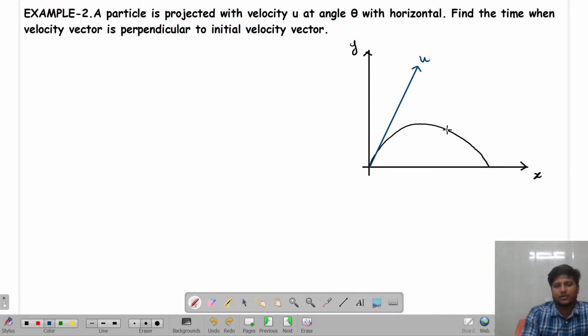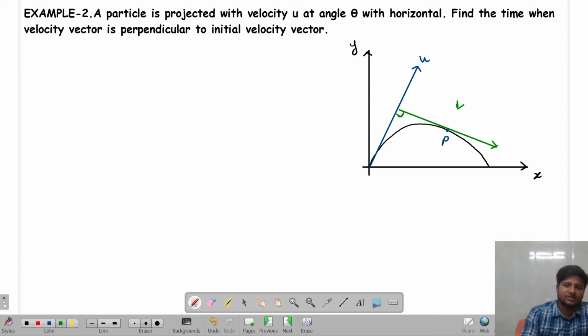Let's suppose at some point P over here, the velocity vector, this is my final velocity over here. Yes or no? This velocity vector is making how much angle with the initial velocity vector? It is making 90 degree over here.